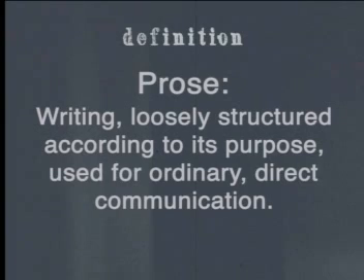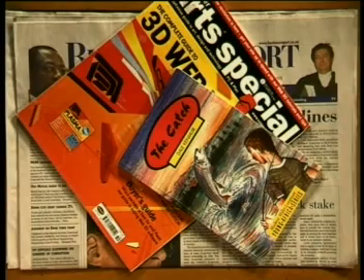Now, if you have seen our previous series of lessons, you will remember the definitions of the two styles of writing we will be working with today. But let's just quickly refresh our memories. Prose. Writing loosely structured according to its purpose, used for ordinary, direct communication. So all the written communication we deal with every day is prose, like newspapers, novels, and magazines.